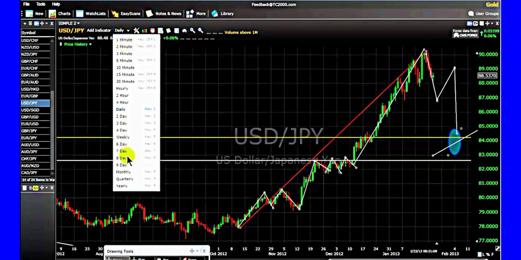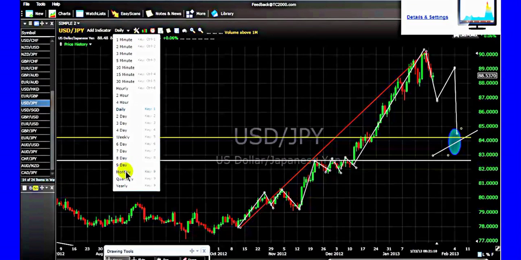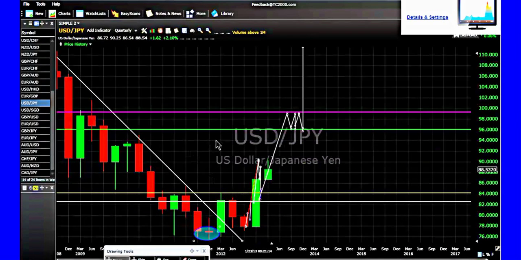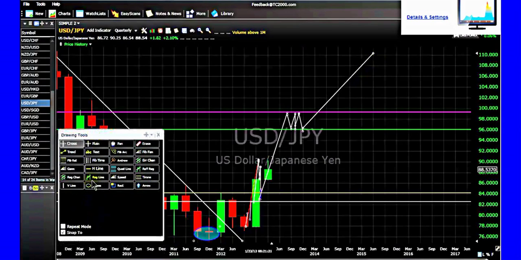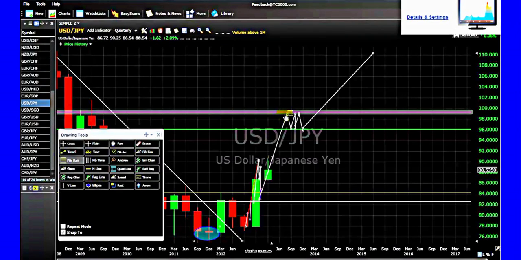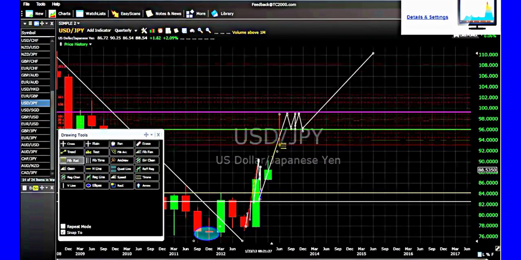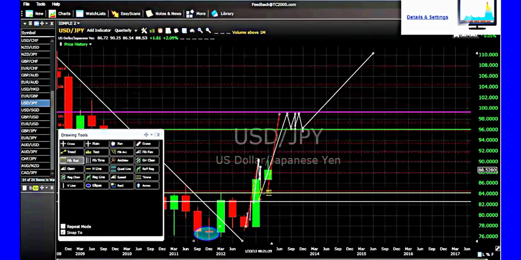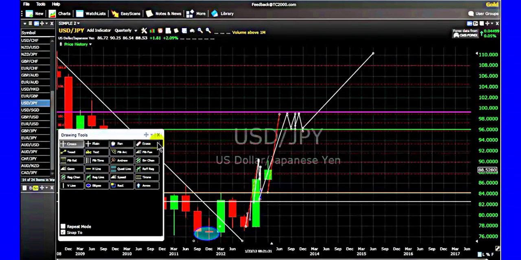So with that information, I can go again, because I don't have room on the monthly chart. I'll go to the quarterly chart to see whether I have more space. Yes, I have more space on the quarterly chart. I will use my Fibonacci tools again and do a projection, roughly.